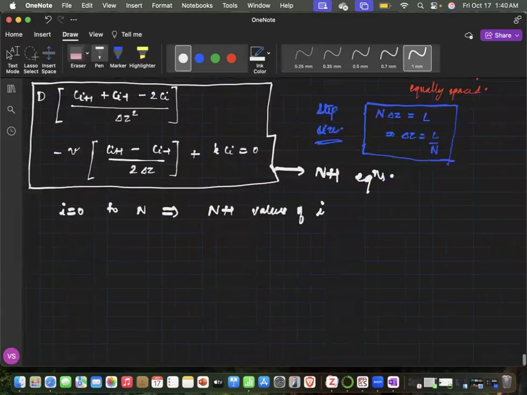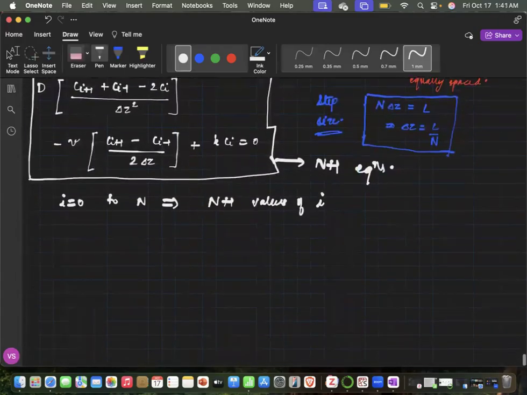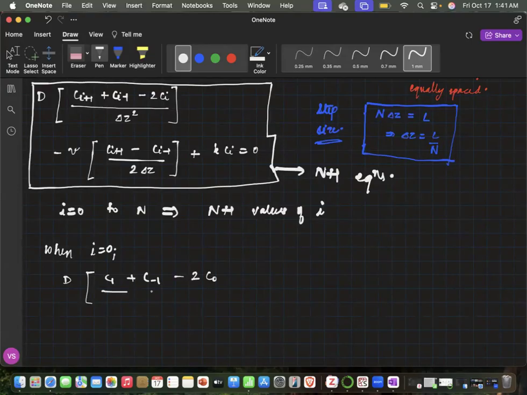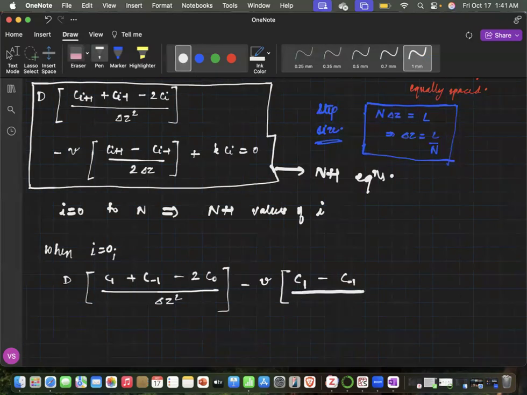But if you look at the boundaries, that is, if you look at i equals to 0, then the equation becomes D times (c1 plus c minus 1 minus 2c0) over delta z squared, minus v times (c1 minus c minus 1) over 2 delta z, plus k c0 equals to 0, right?